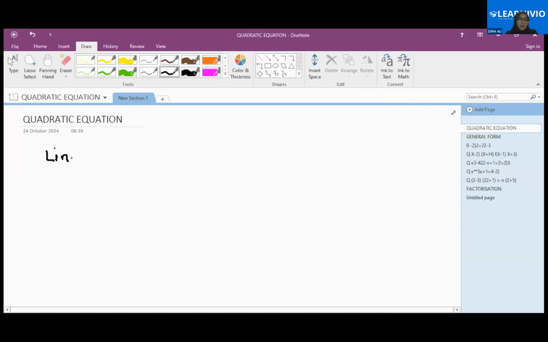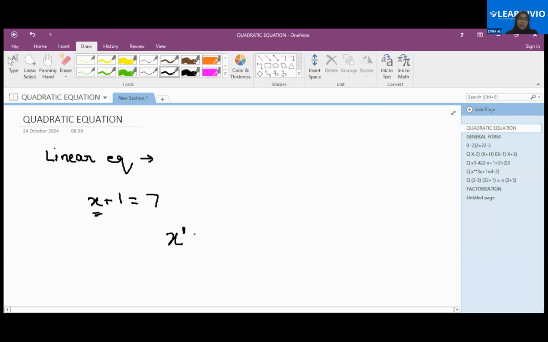See, linear equation, you are familiar with this type of equation. You have seen this type of equation, have you? Where you have to find the value of x. These are linear equations. Basically, linear equations are equations in which the highest degree of the variable is one, highest power.